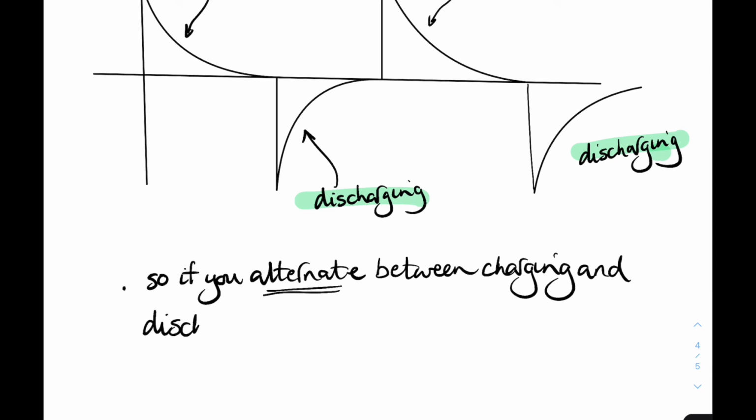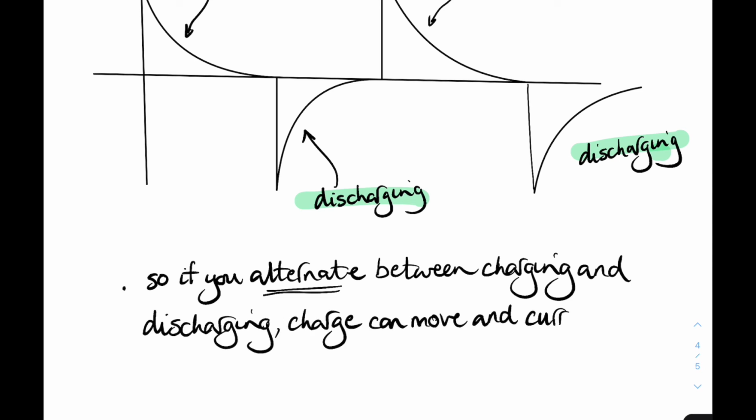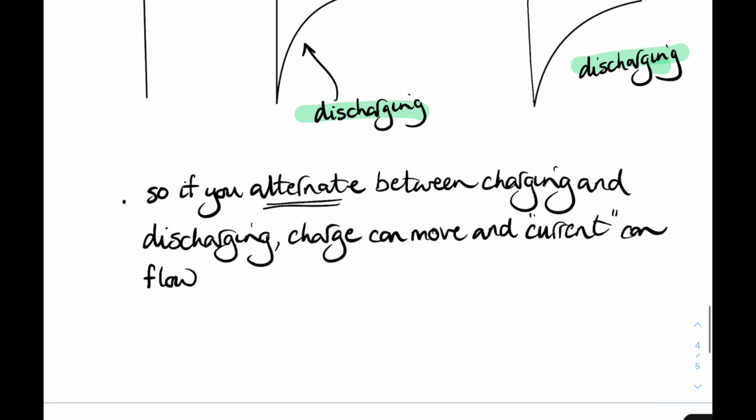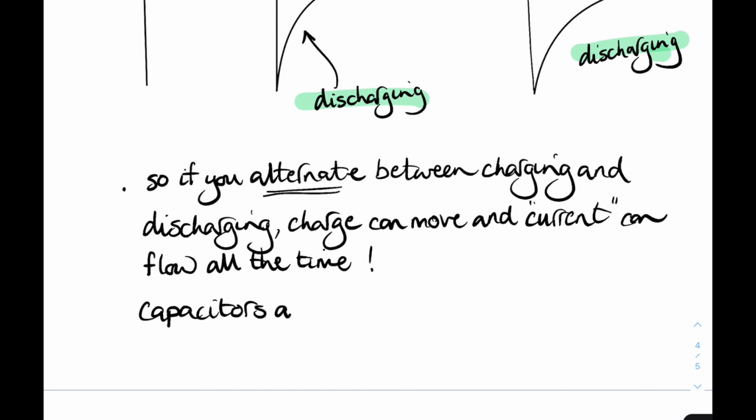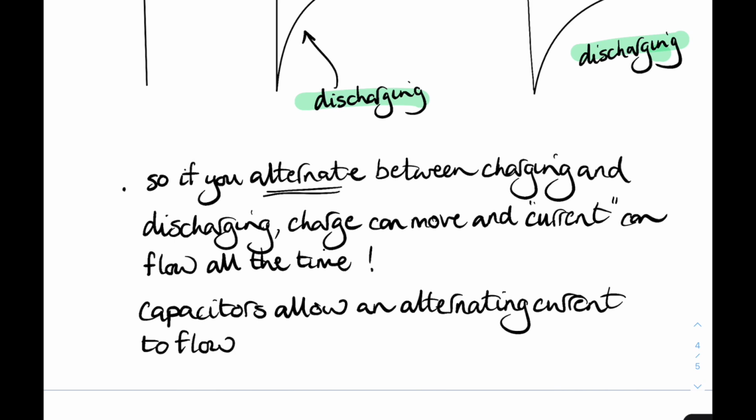And if you alternate between charging and discharging, then charge can move continually, and effectively a current can flow all the time. So capacitors will allow an alternating current or AC electricity to flow, but that's for another day.